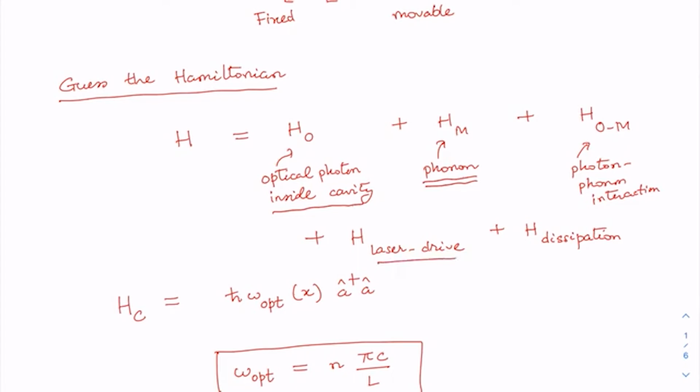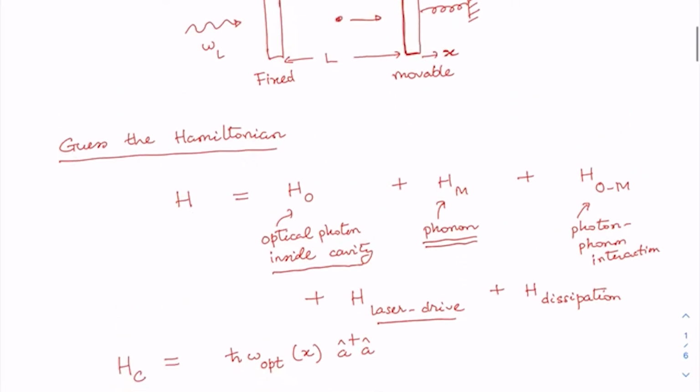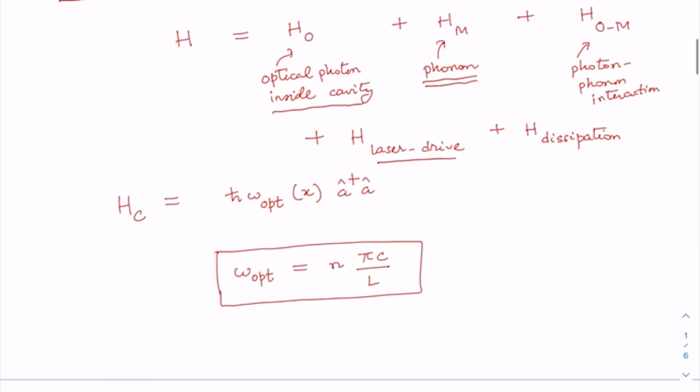Apart from that, there are other terms due to the dissipation, because both the photon as well as the phonon may decay. And we know that the cavity photon is basically a harmonic oscillator, whose resonance frequency is dependent on the displacement of the movable mirror.